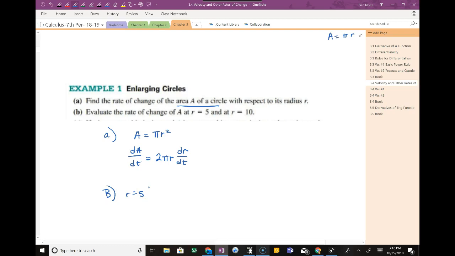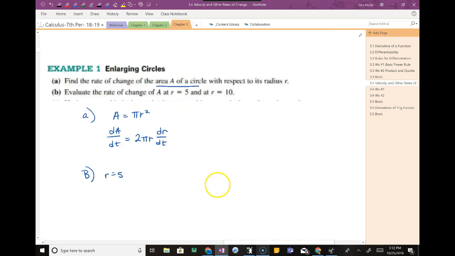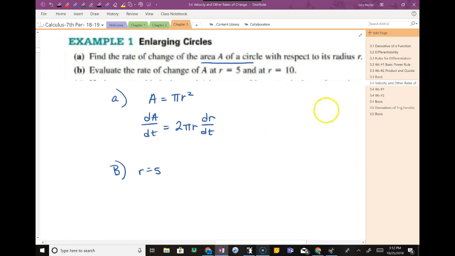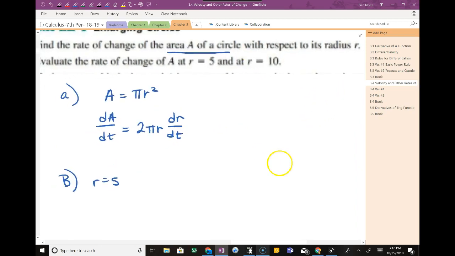Ooh, that's a misprint. That's not making any sense. Let's just change this. We're going to say dr/dt is equal to 10.